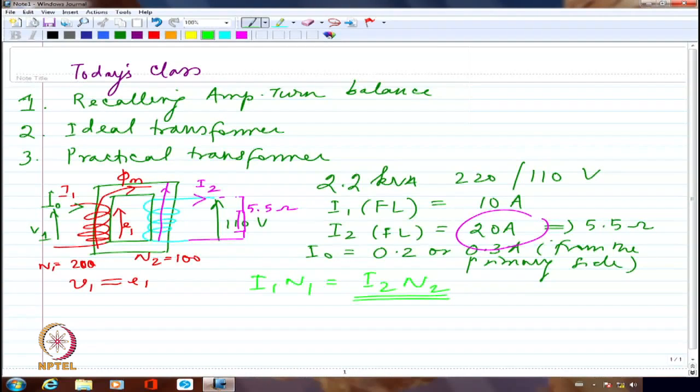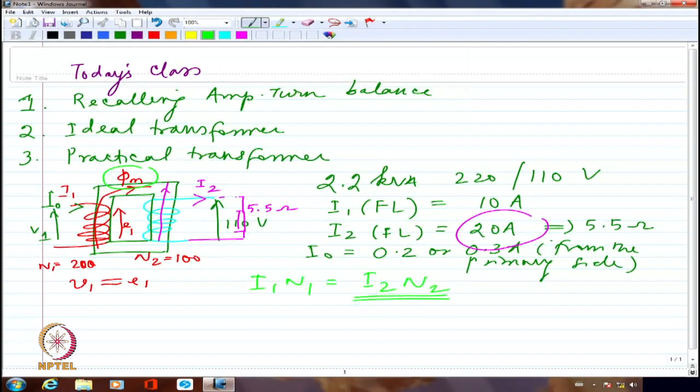So I1 N1 and I2 N2 are equal to each other but in opposite directions, because of which I am going to have only the original flux, which was phi m, prevail. That will be maintained. So the transformer action is maintained because of the mutual flux which was originally established with the help of the no load current.